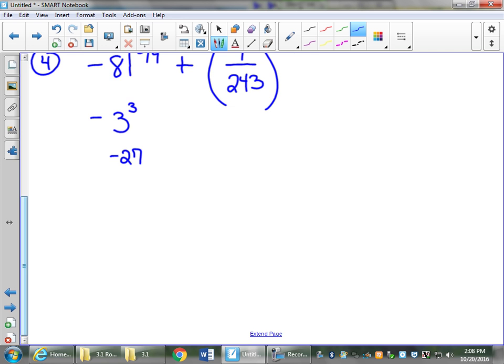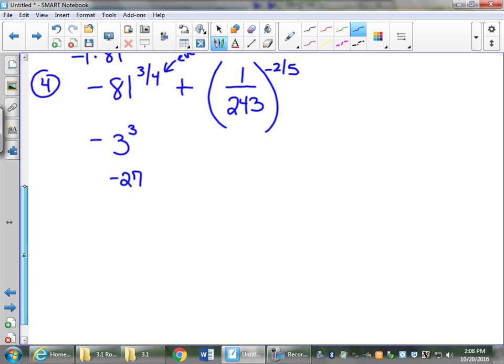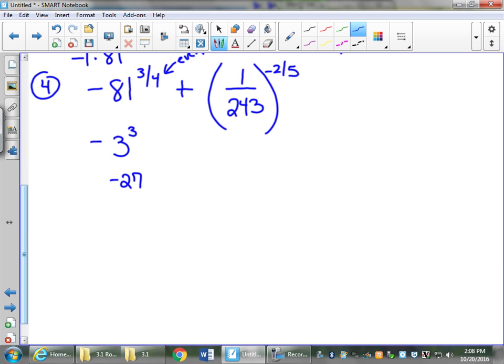Now we're going to work through the right side of the problem. When you have a fraction with no addition or subtraction, you can distribute. So I'm going to distribute this to get 1 to the negative 2/5 over 243 to the negative 2/5. We're taking the 5th root of both. So the 5th root of 1 is 1. Any root of 1 is 1. To the negative 2nd.